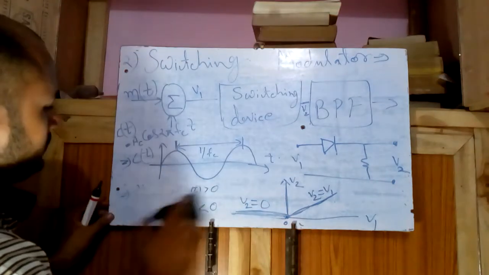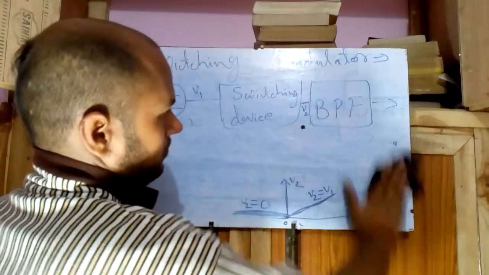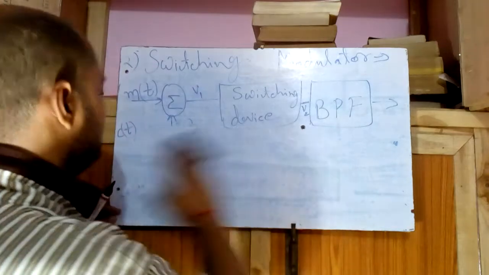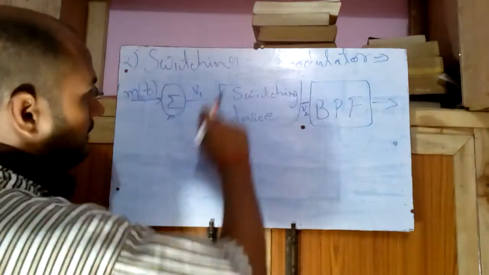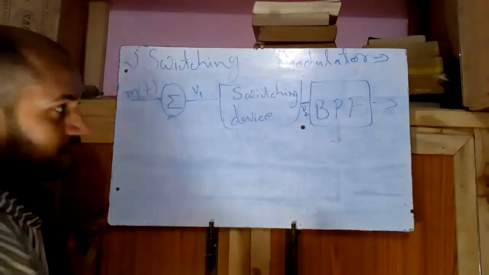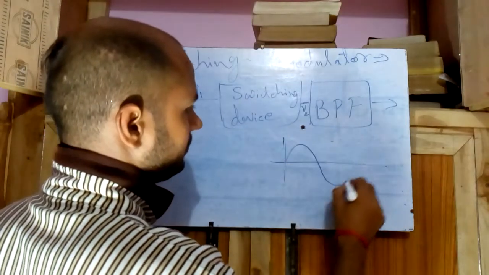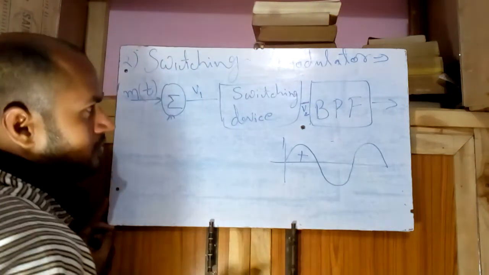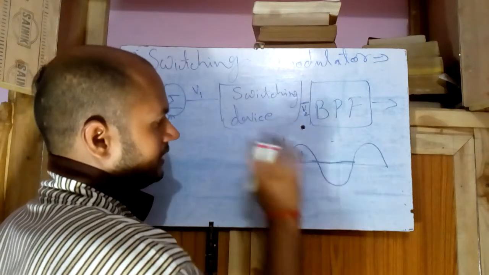Now V1, V2 and c(t). The switching of the device is the same as the carrier. As the carrier is positive, V2 is equal to V1, which means one level.